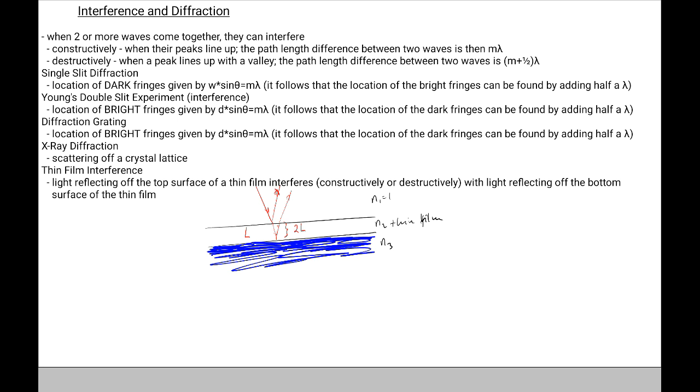Then, based on the thin film thickness, this thickness over here, this beam can pick up half a wavelength or a quarter wavelength or not at all or an entire wavelength. So we don't know if this beam and that beam will be in phase or out of phase with one another when they reflect off the top and bottom surface of the thin film.